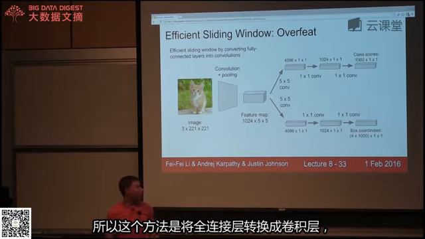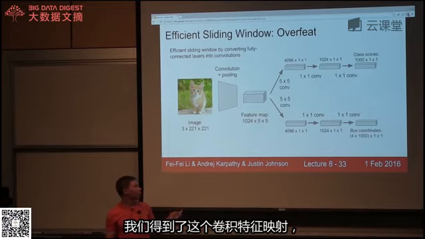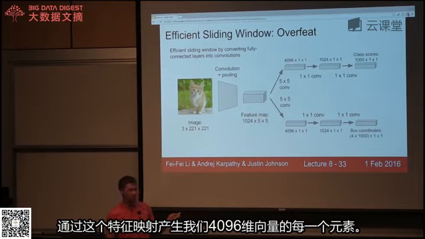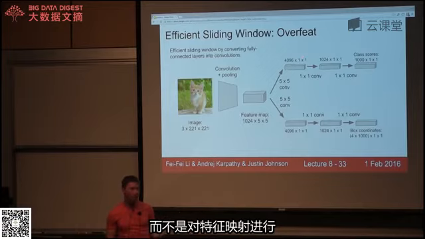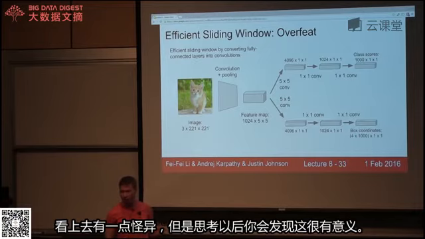Because if you imagine in our fully connected network, we had this convolutional feature map, and we had one weight from each element of that convolutional feature map to produce each element of our 4096 dimensional vector. But instead of thinking about reshaping and having an affine layer, that's sort of equivalent to just having a 5-by-5 convolution. It's a little bit weird, but if you think about it, it should make sense eventually.